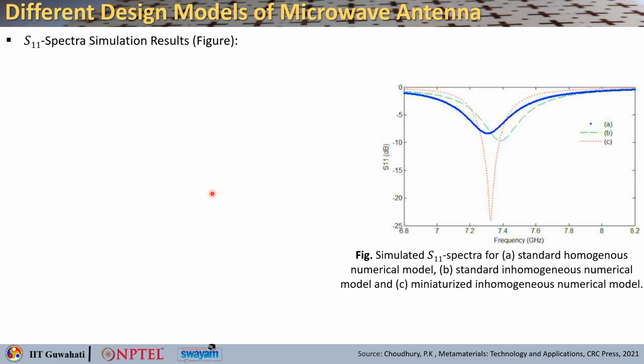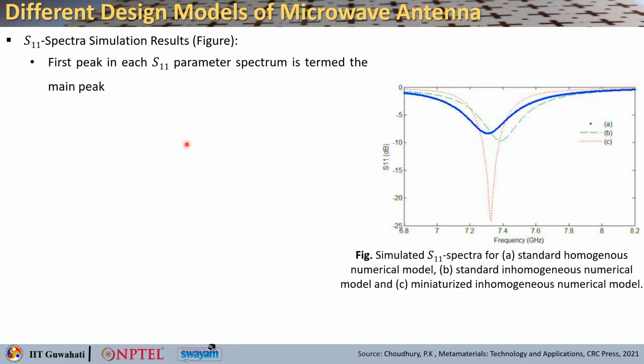The results of the FDTD simulations of S11 spectra for all the considered models are shown here. Here you can see that A, the blue line, tells you about the standard homogeneous numerical model. This dashed line, that is B, tells you about standard inhomogeneous numerical model, and the dotted line is from the miniaturized inhomogeneous numerical model.